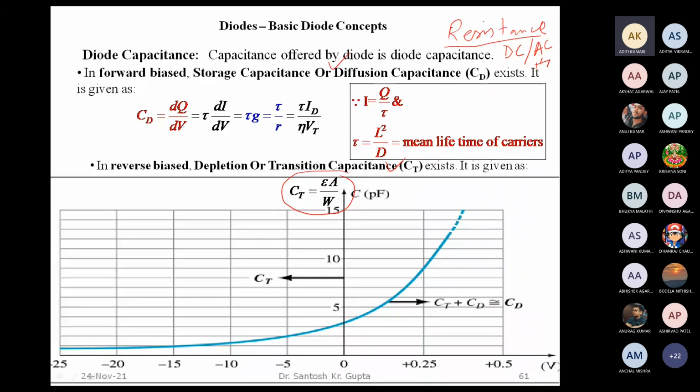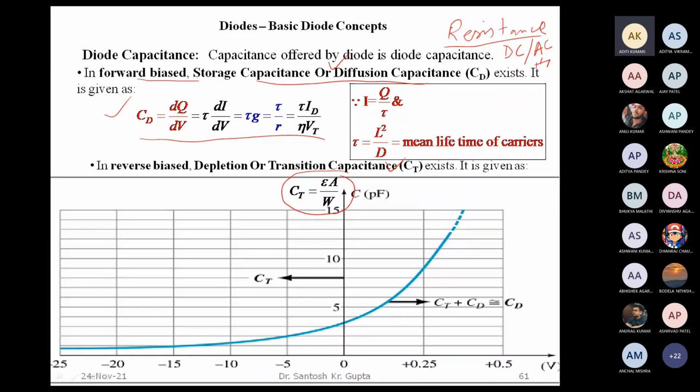Another capacitance which we see in forward bias, we call diffusion capacitance. This can be given by the charge storage capability of the PN junction in the forward bias. This is only in short how we can define the diffusion capacitance.